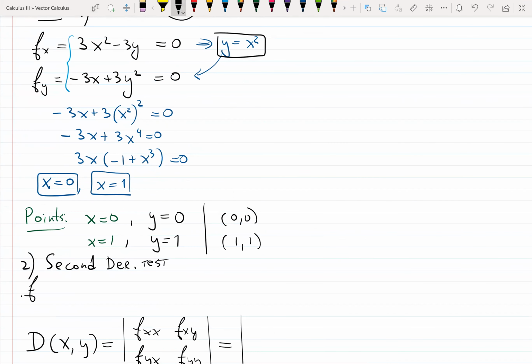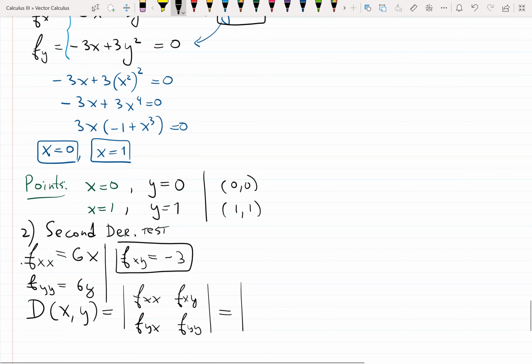Second derivatives, fxx. I'm looking at the first expression and differentiating with respect to x, 6x. Fyy, second with respect to y, 6y. And the mixed one, fxy, choose any because they should be equal when functions are smooth. With respect to y is -3, and you can check the other one, fyx is also -3.